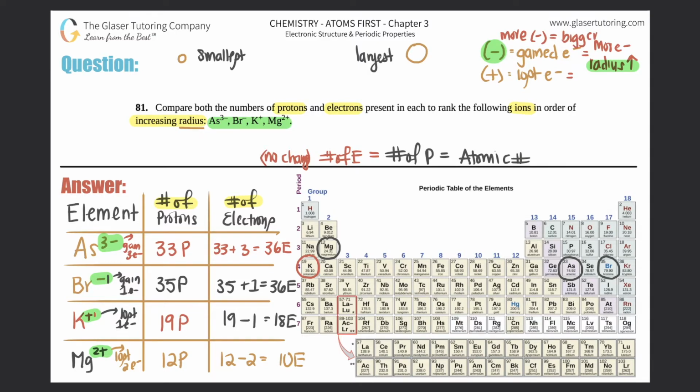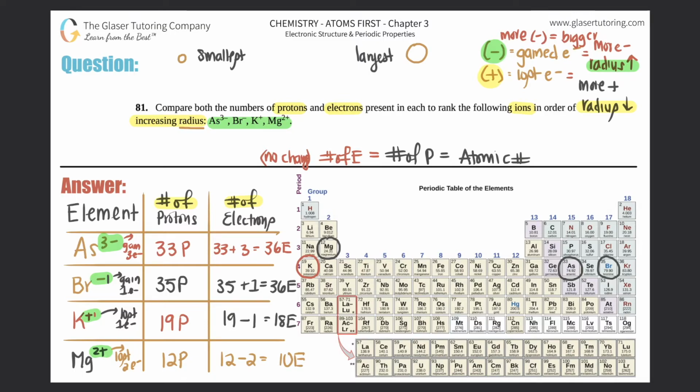So a -3 charge would be bigger than a -2 charge, which would be bigger than a -1, and so forth. With positive charges, the more positive you are, your radius will decrease. So those two comparisons are super important. Whenever you have a positive charge, your radius will always decrease.